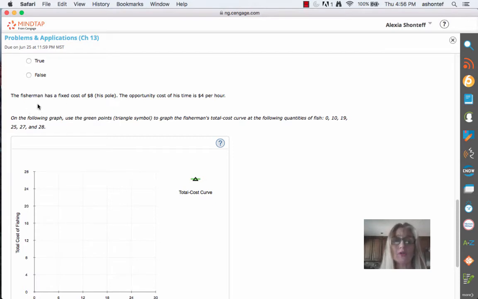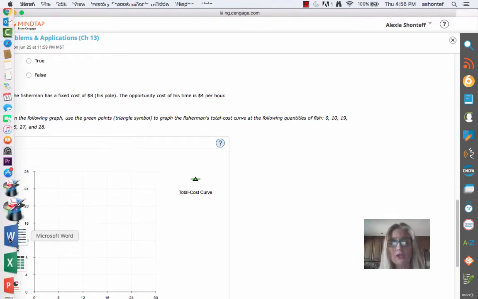So here you're told the fisherman has a fixed cost of $8. So whether he or she produces 0 pounds of fish or 1,000 pounds, the fixed costs are 8. And then the opportunity cost of his time is $4 per hour. So that would be the variable cost.